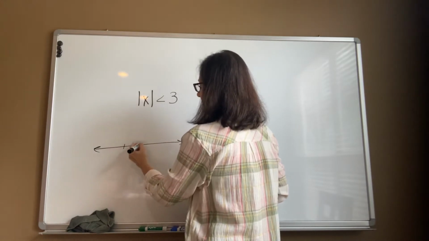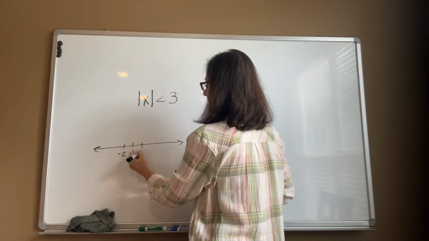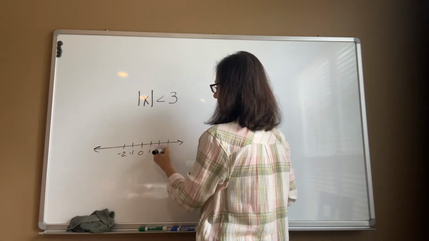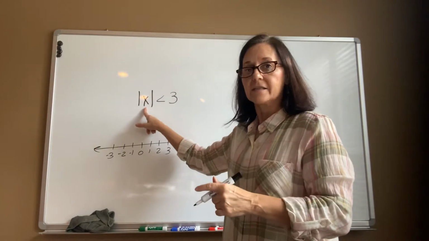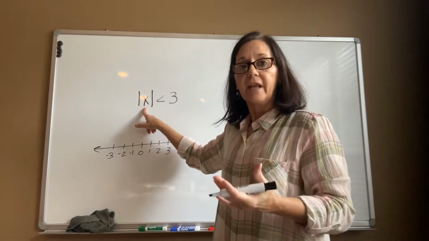So if I plug in, thinking on a number line, -2, -1, 0, 1, 2, 3, -3.